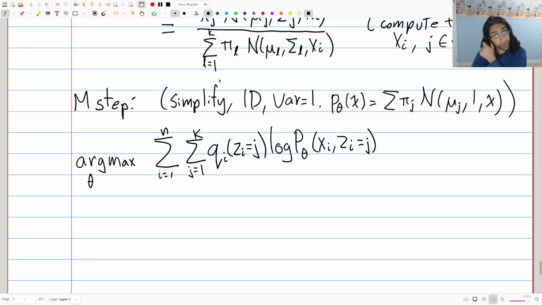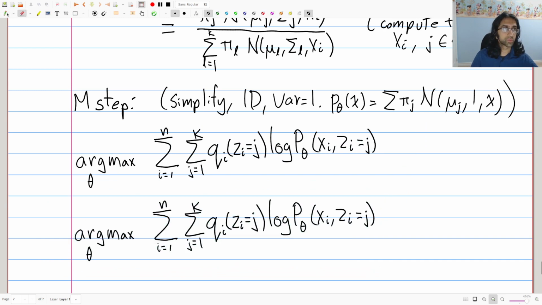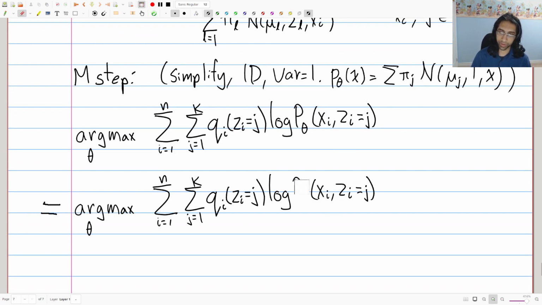So let me just paste the same thing again.